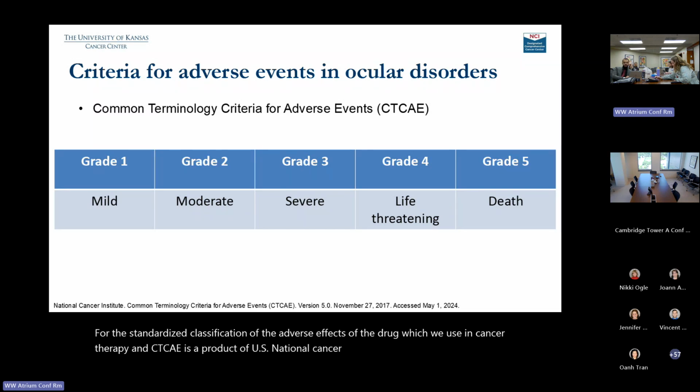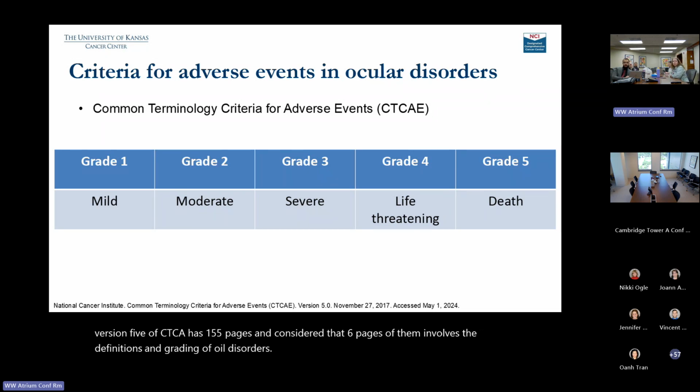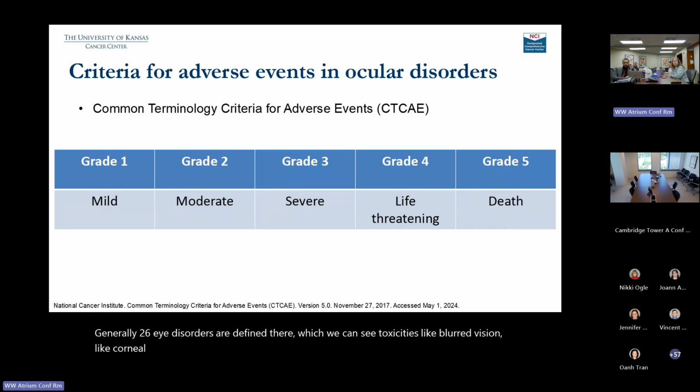I'd like to mention that version 5 of CTCAE has 155 pages, and 6 pages of them involve the definitions and grading of eye disorders. Generally, 26 eye disorders are defined there, where we can see toxicities like blurred vision, corneal ulcer, dry eye, and many others.